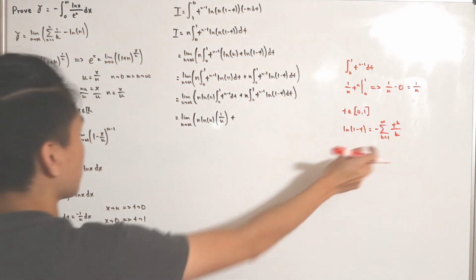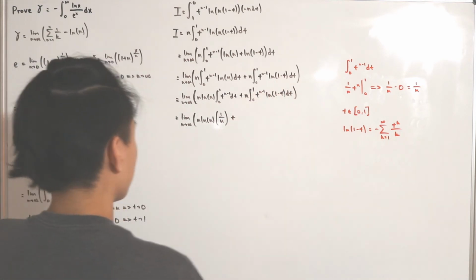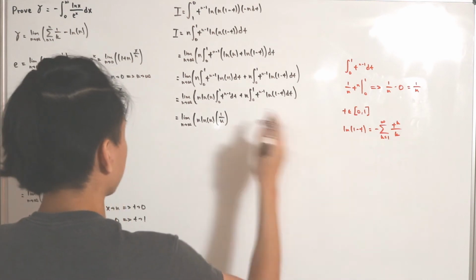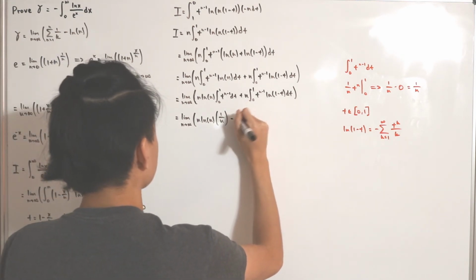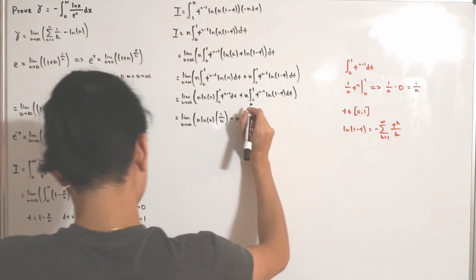The index starts at 1, not 0. Now let's substitute this summation back into our integral. This is a negative, so I can factor that out. So now this has become a minus n, and then multiply by our integral.